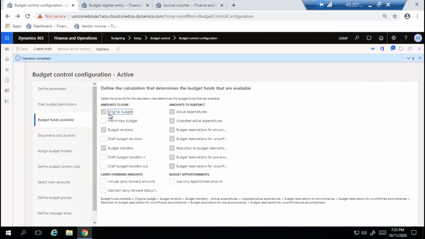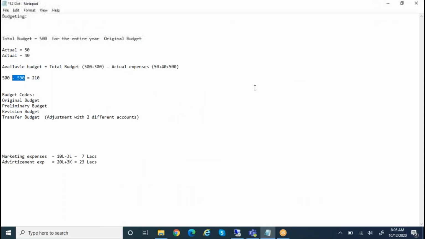Now on the left side it is original budget, preliminary budget, budget revision. This is draft budget revision. This is budget transfer. This is draft transfer in, draft transfer out. Draft transfer in and draft transfer out means this one is in, this is out.